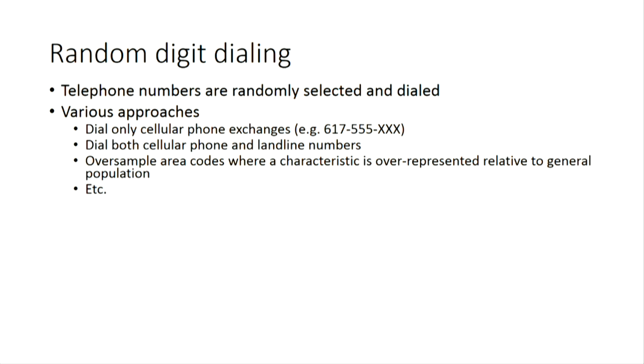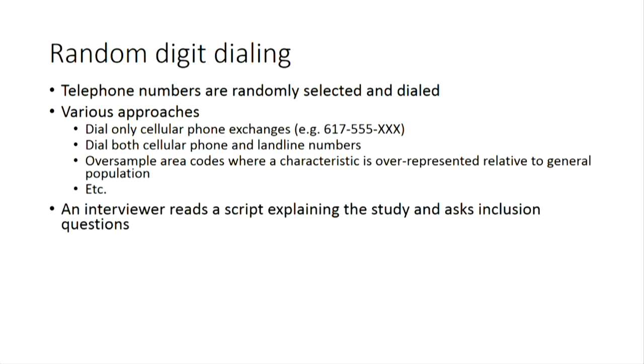And so what you did there is you oversampled, meaning you sampled at a higher proportional level in neighborhoods, because you could tie the actual landline number into the geographic area where they lived based on the exchange and the area code, where there was a higher proportion of minority populations.